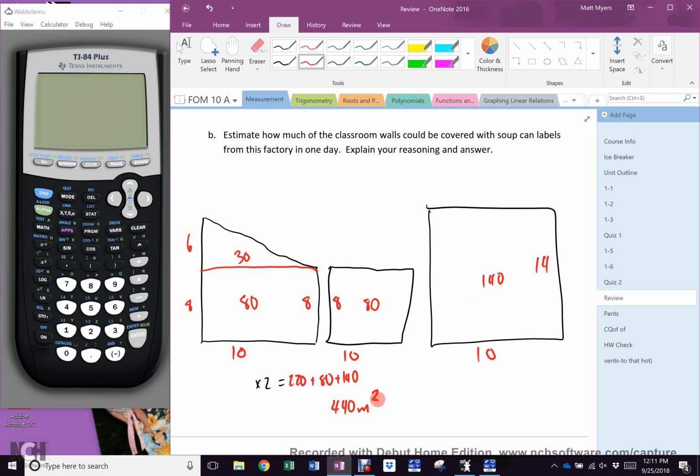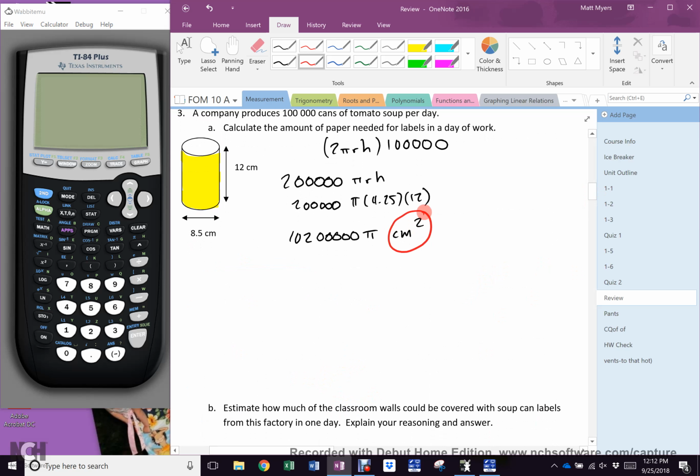Everyone agrees? Okay. I have that many centimeters squared. If I want to convert centimeters to meters, what do I do? No, centimeters to meters. Divide by 100, right? So I want meters, right? So meters goes over centimeters. 1 over 100, correct?